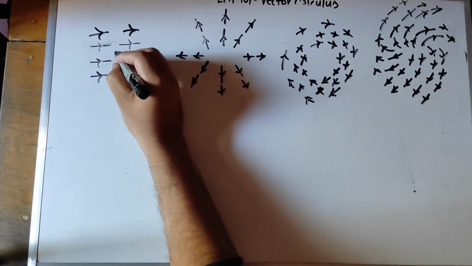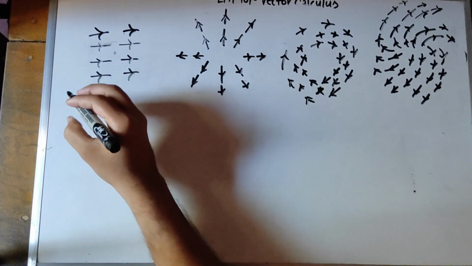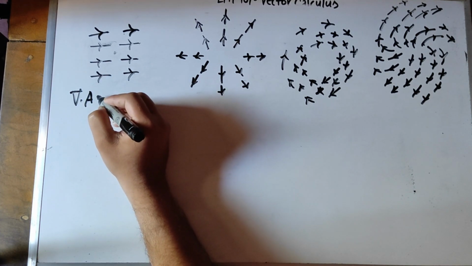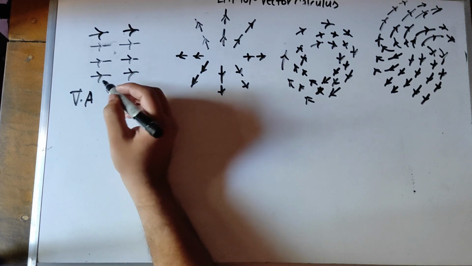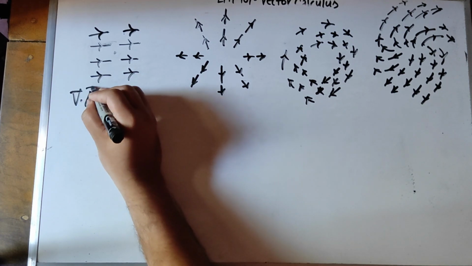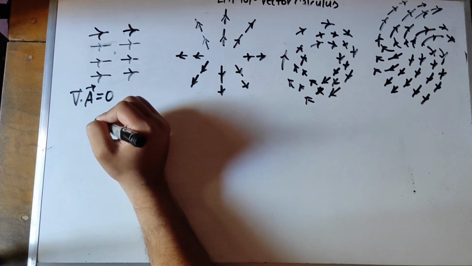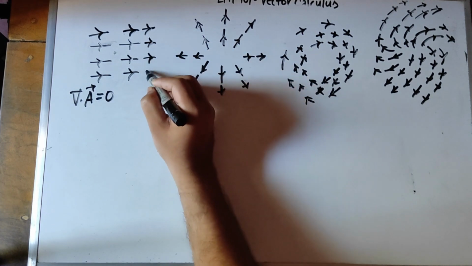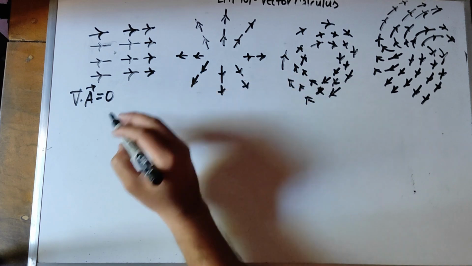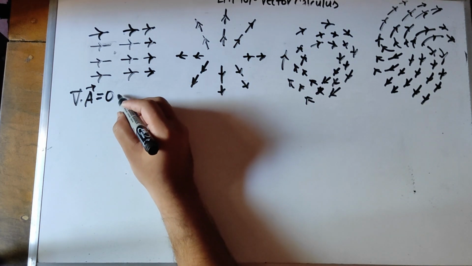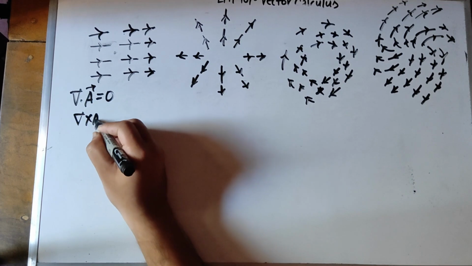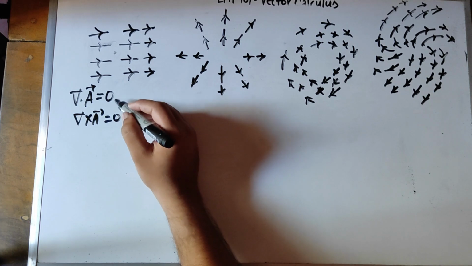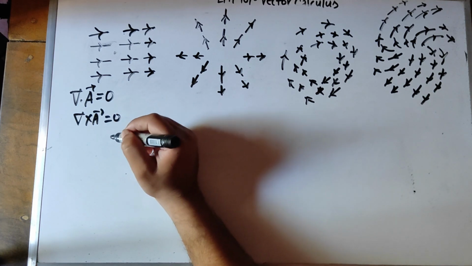So in this case the vector field A is solenoidal, so it isn't divergent or convergent. So in this case the divergence of the vector field is 0. Also it isn't rotating. There's no local rotation, so its curl is also 0. So the curl free part is also 0 and the divergence free part is also 0.